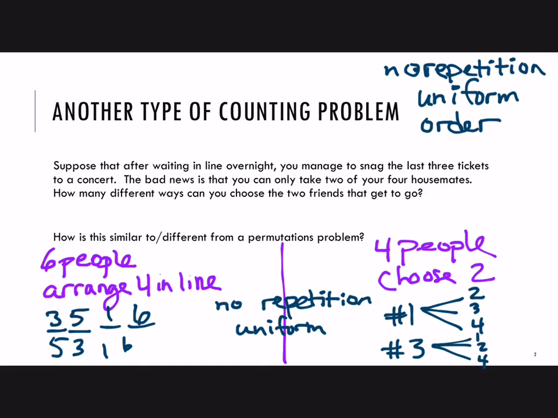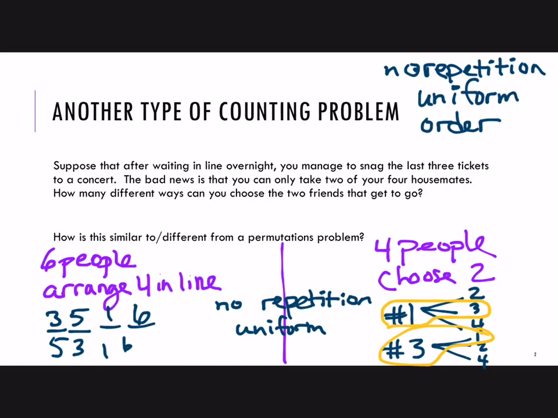If we choose, for instance, 1 and 3 versus 3 and 1, does that make a difference? Well, it doesn't seem to. There's nothing in this problem that indicates any sort of difference in the tickets. It could be, like, a backstage pass and one that's regular, but it doesn't mention that. So we're going to assume that there's no difference between who gets which ticket. So that would seem to indicate that this problem actually does not have an order or an arrangement that's necessary.